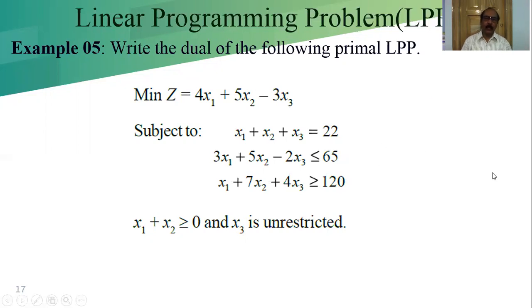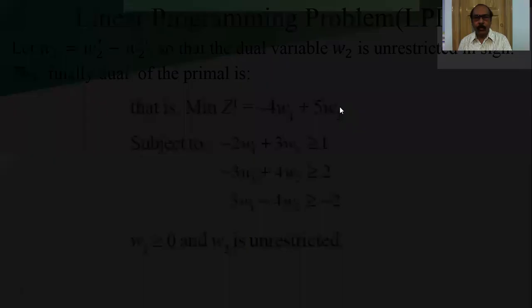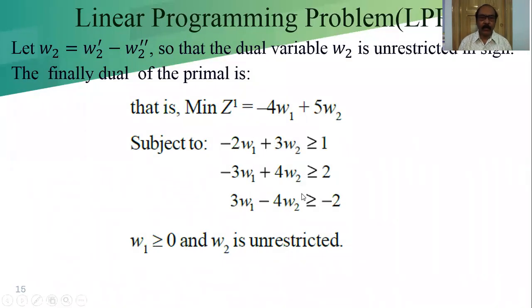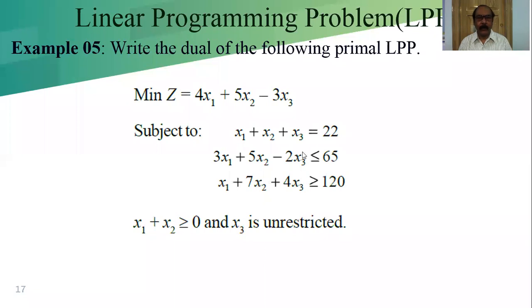So as we learned, directly we can write the dual, but we should not write that if the concept is clear, then we can directly write the dual of that.